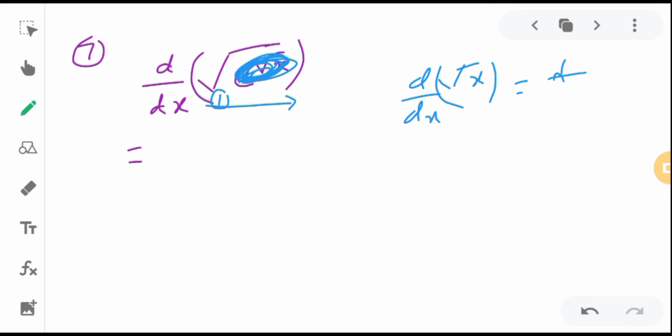1 upon 2 root x. I told you how you will find the derivative of square root x. So if this is x, then the derivative will be 1 upon 2 root x, but it is not x, it is something else. So we'll use this formula.